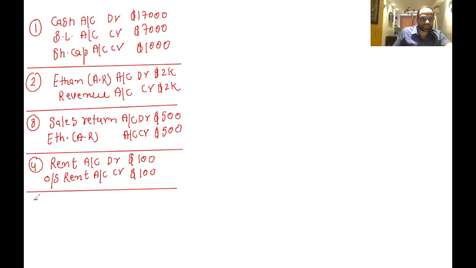Number 5. Number 5 is 50% amount not paid by Ethan. So tell me. Bad debt account debit for 1,000 and Ethan account payable credit for 1,000.